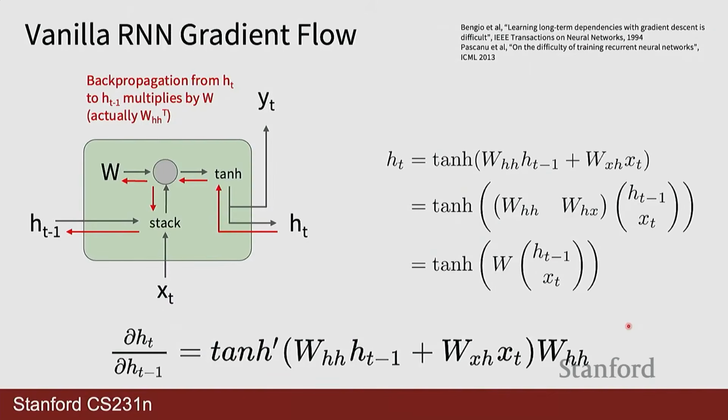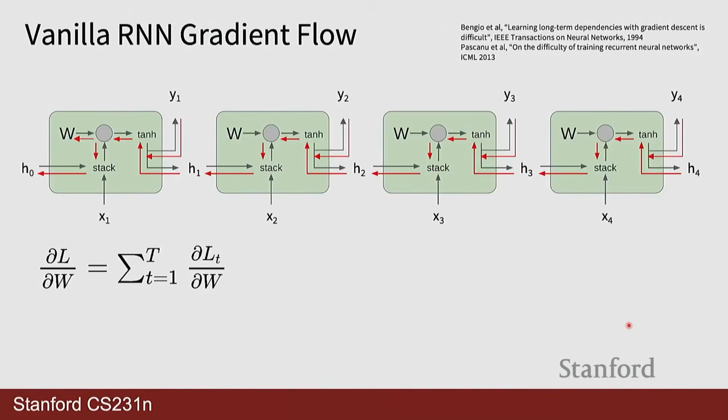And here we can run into issues. If we're calculating the loss at each time step, the total loss is just the sum of the loss at each time step with respect to this reused W matrix.